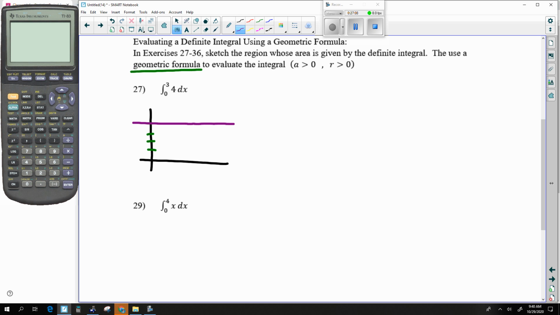Here's our graph, and they want this evaluated from 0 to 3. So this is the area they are concerned with right here. What is that area? Well, that is a rectangle. This area has a base of 3 and a height of 4. This answer is going to be 12.